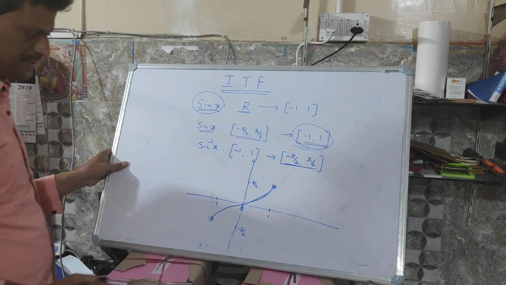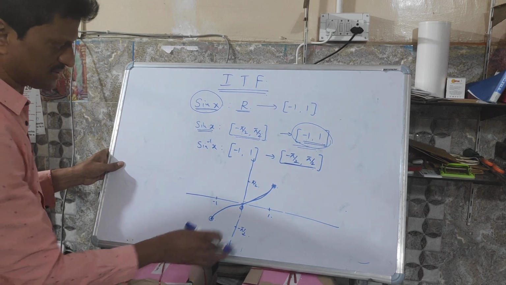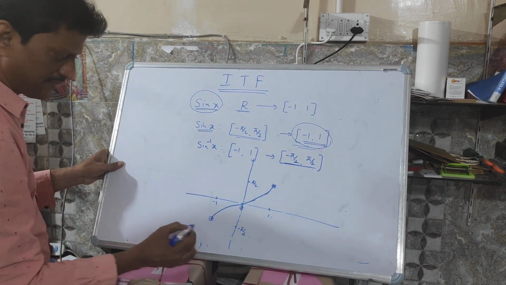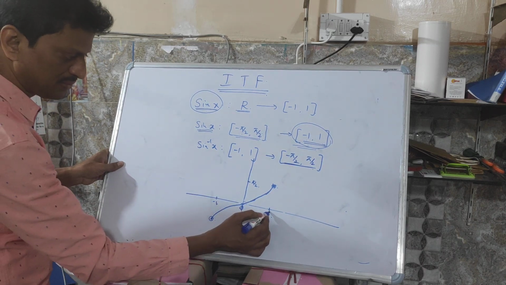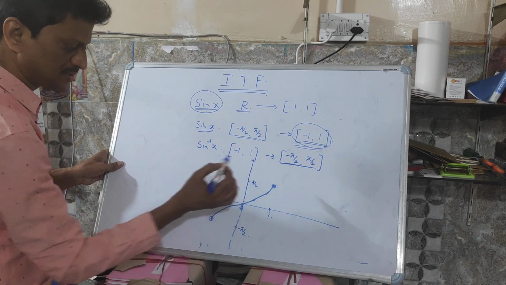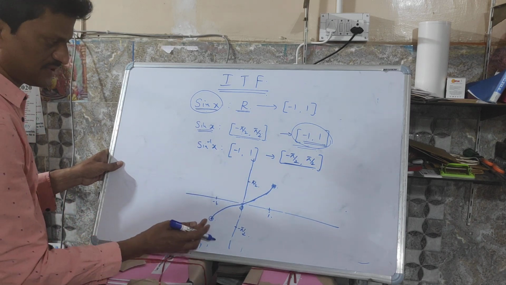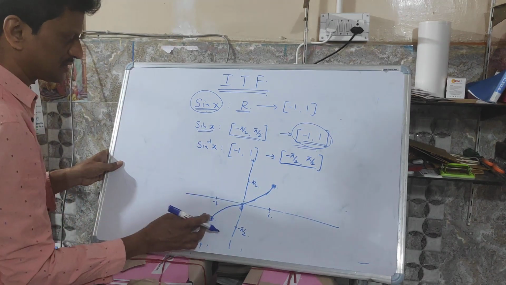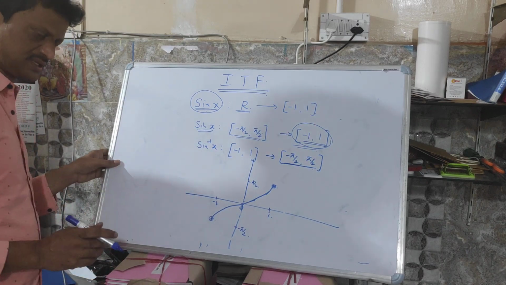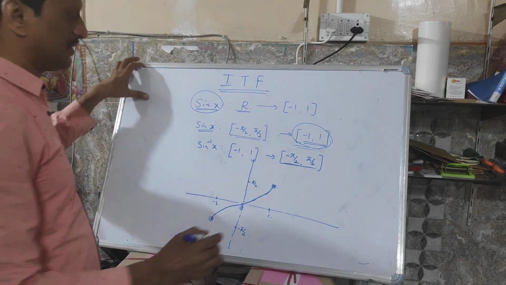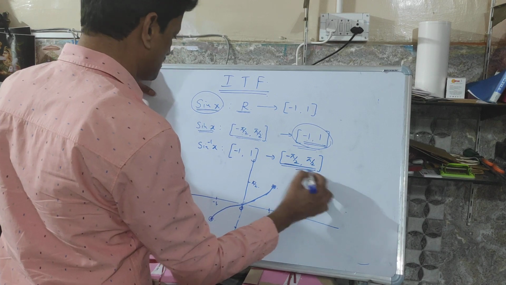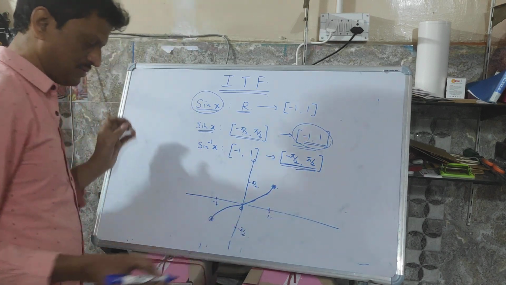This way you will be getting the graph of sin inverse x from -1 to 1, and the range is -pi by 2 to pi by 2. This function is also increasing in its domain. So sin inverse x is also bijective, and this is the principal range of sin inverse x.